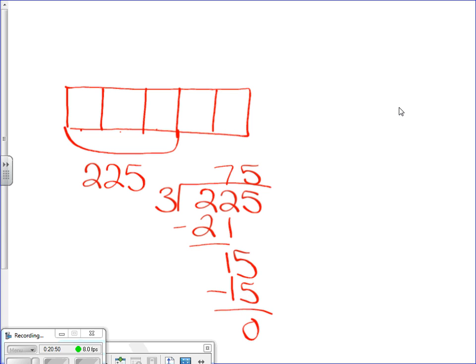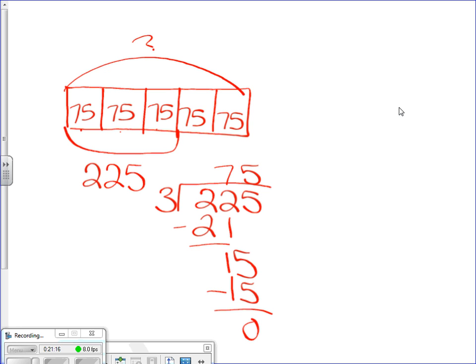So each unit, I divided 225 by 3 because we have 3/5. So then each piece is 75. If those are 75, what are these? 75. They want to know how much money did he have to start with.